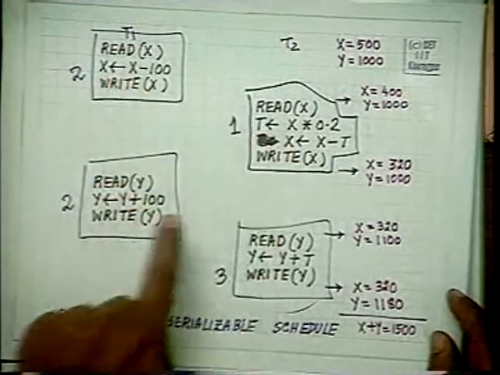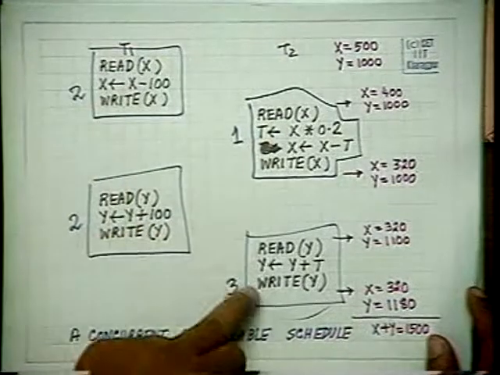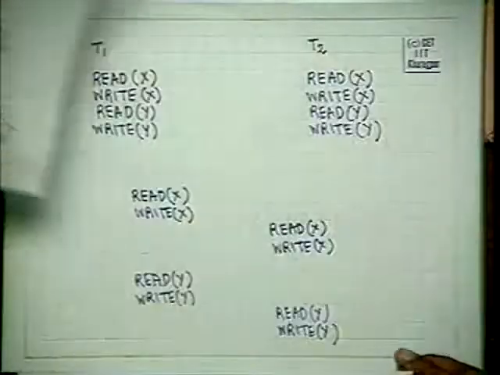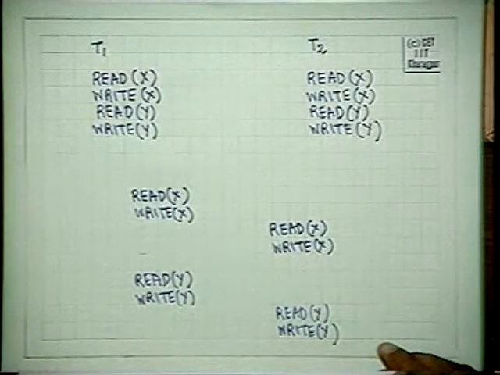Now, 1, 2, 3, 4, this is the equivalent of this schedule. We are not bothered about what is being done in the middle. Later on we shall see, by removing that information, what we have lost.